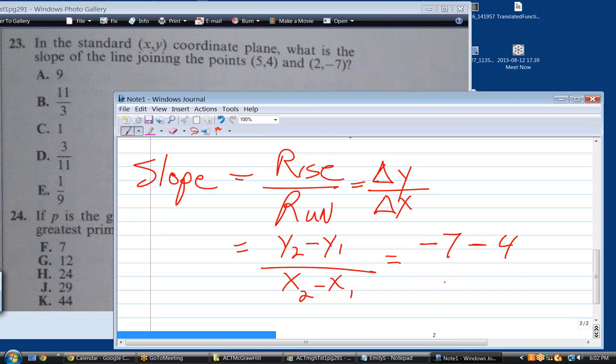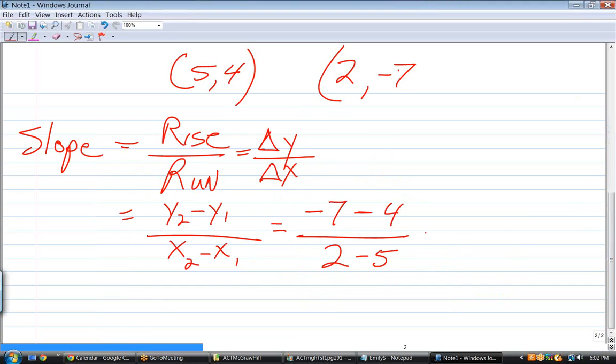What's x sub 2? 2. And x sub 1? Negative 5. And now simplify that expression for me. What's minus 7 minus 4? This you need to be able to do without a calculator. Negative 11. I did it without a calculator.